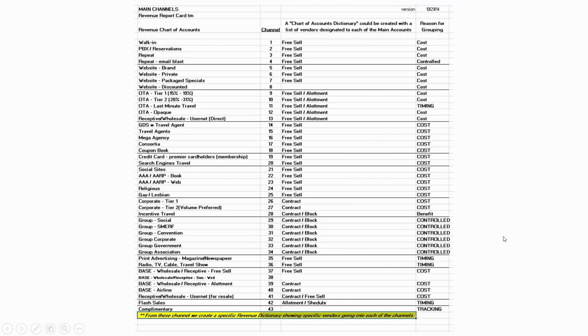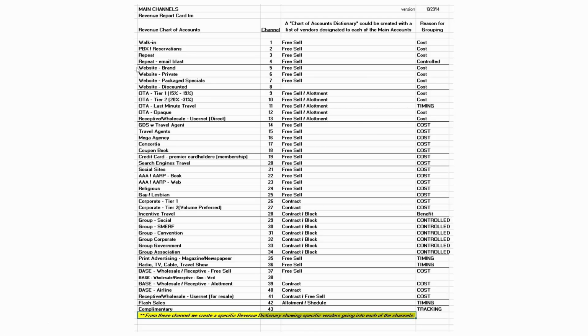The first thing, and this is really the basis of that article, is to standardize revenues. Just as the accountants have done with expenses many years ago, revenue optimization has become so popular that I think it would be a great time to start exploring these buckets, as I call them, or channels that are standardized. What we've done is standardize it in a way that would be useful to the hotelier.